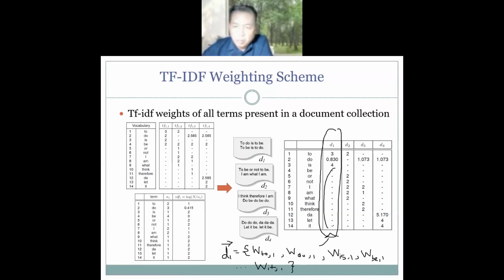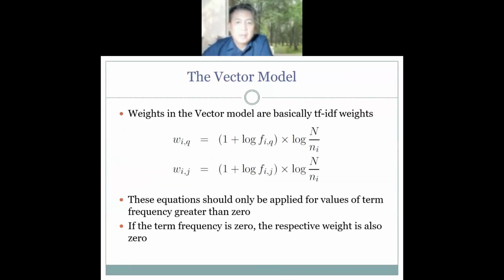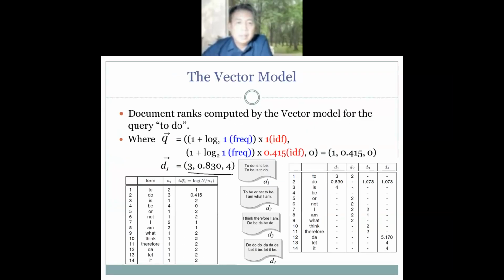Tapi since the rest of them is 0, so that's why we only list 3 of them here. Because the rest is 0 kan. Tapi for this one, they have 6. So you must have 6 weightage here. And then for document 3, we have 5. Okay, and lastly, the document 4, we have 4.